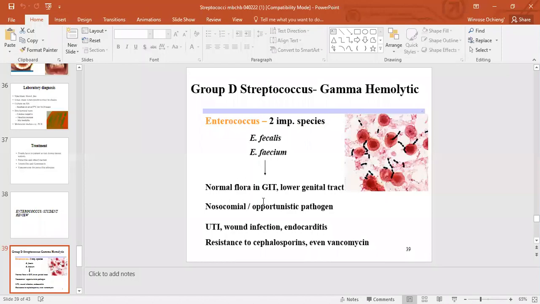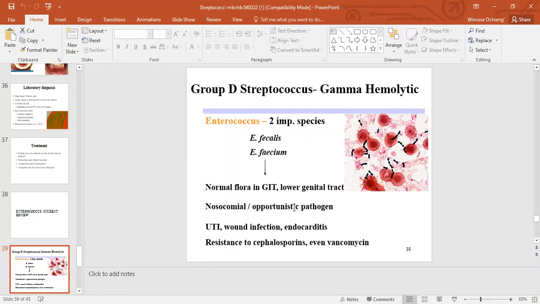But when a patient comes into the hospital, maybe in a burns unit, or has wounds, Enterococcus faecalis is able to enter and cause an infection. So despite being normal flora, we can end up having nosocomial infection from them, or opportunistic pathogens.